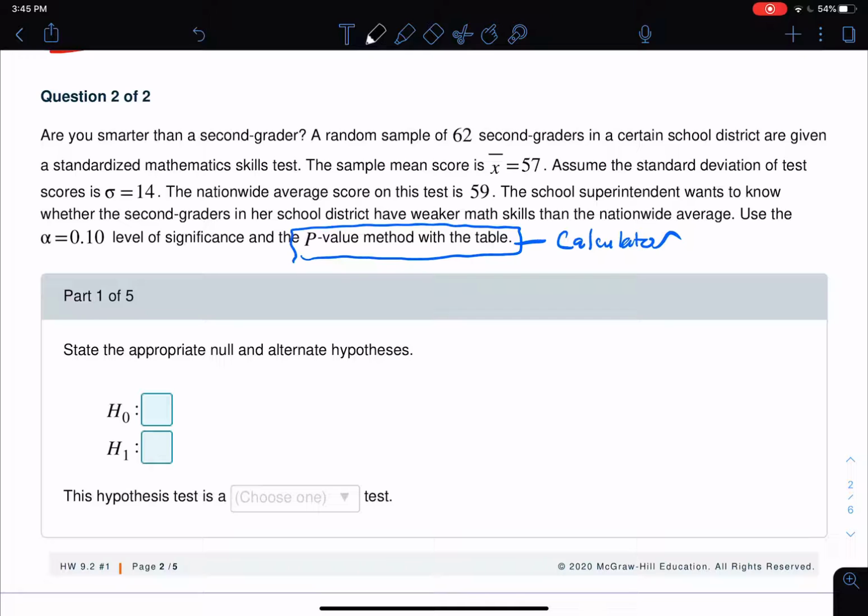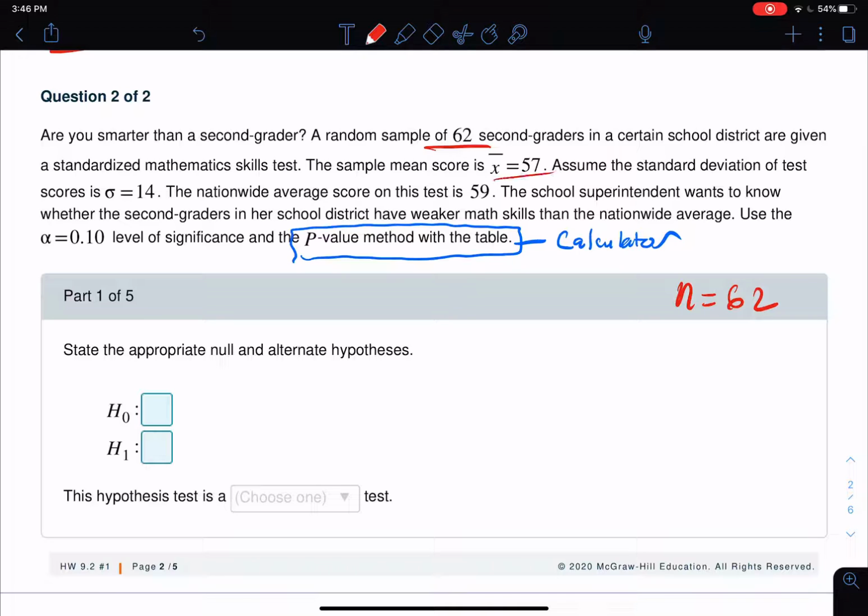All right, so are you smarter than a second grader? A random sample of 62 second graders in a certain school district are given a standardized mathematics skill test. Right off the bat, this time they're giving us sample information. So let's write that down. The sample size is 62.